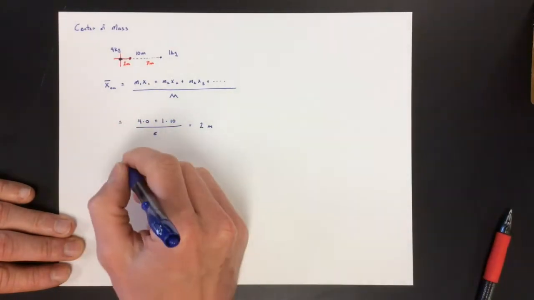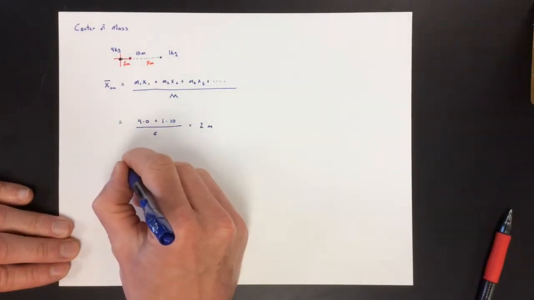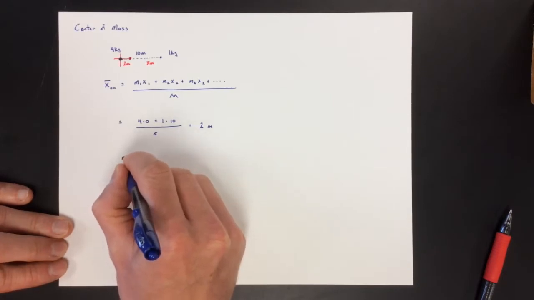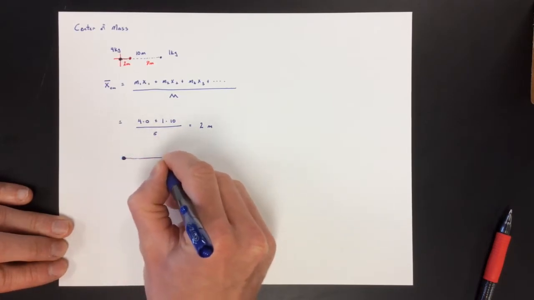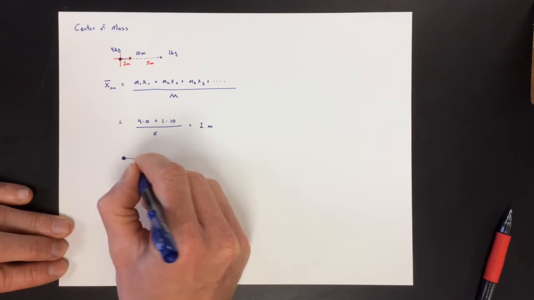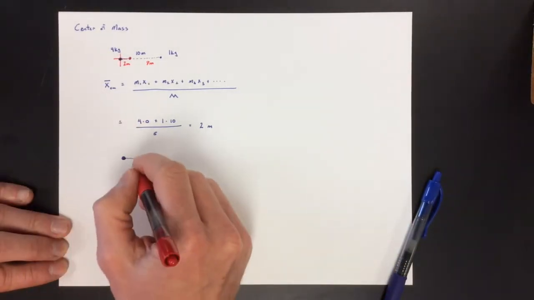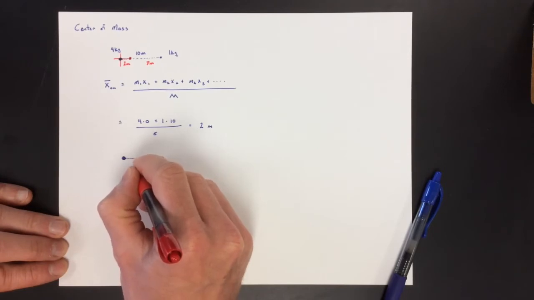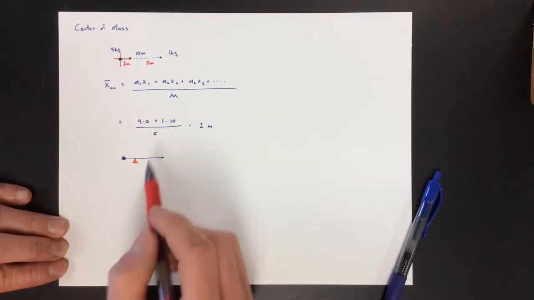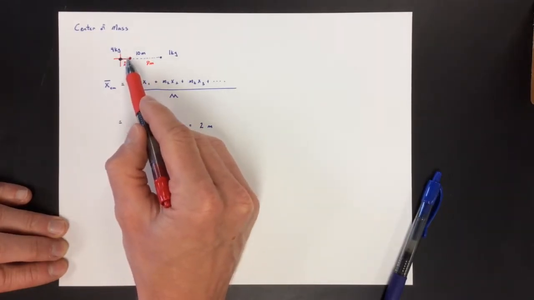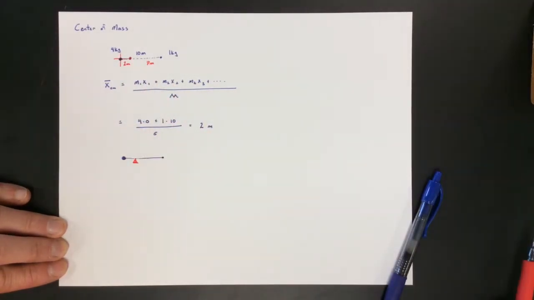If you took a 4 kilogram sphere and connected it to a 1 kilogram sphere with a negligible mass rod, then the balance point, where we'd want to put a fulcrum, is the center of mass of that system, which we just proved was 2 meters away from one and 4 meters away from the other.